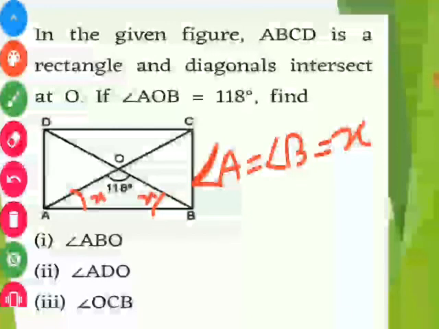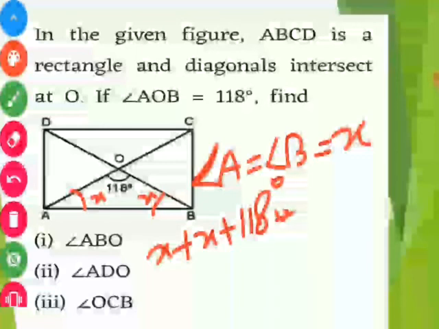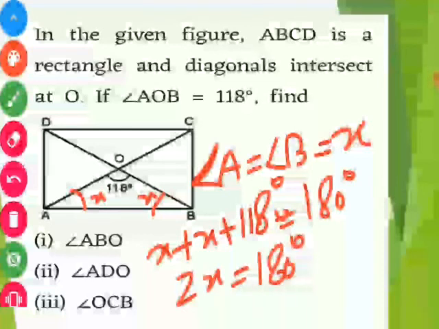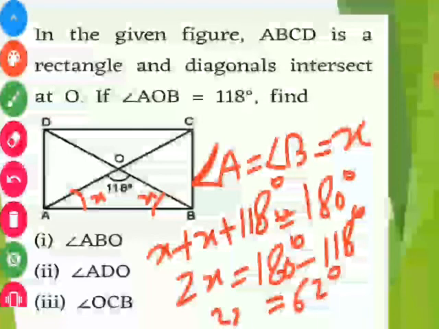Now using the angle sum property, we will calculate the value of x. So x plus x plus 118 will be equal to 180 degrees. 2x is equal to 180 degrees minus 118, and this will be equal to 62 degrees. So the x value will be 31 degrees.